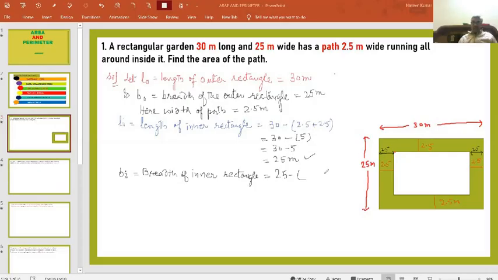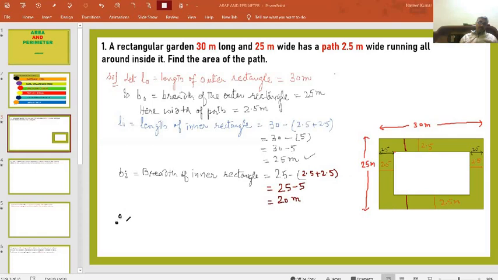Minus width of the path from both sides, 2.5 from this side and 2.5 from this side, that is equal to what? 2.5 plus 2.5, that is equal to 25 minus 5. 2.5 plus 2.5 कितना हो गया? 5. That is 25 minus 5, 20 meter.